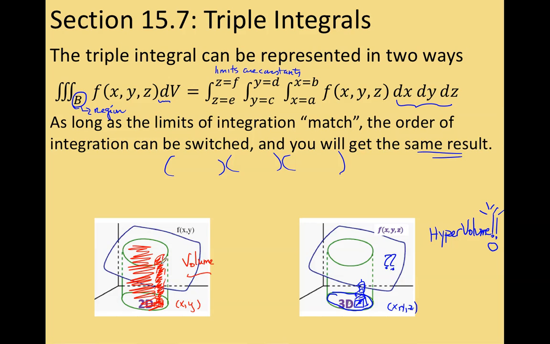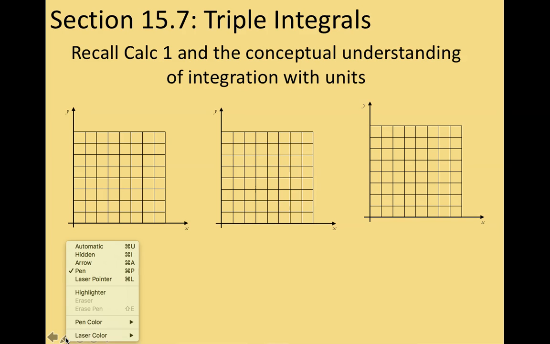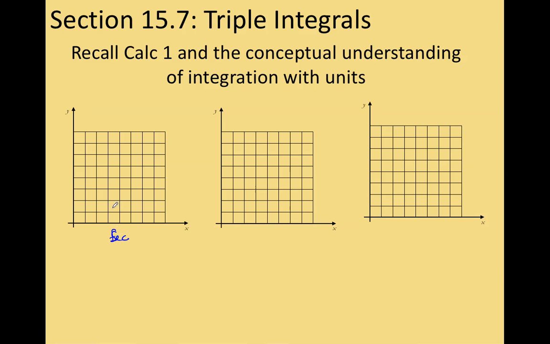I think the easiest thing for me to try to conceptualize what's going on is referring back to what we did in single variable calculus, when we first learned about integration, right? I was like, what if these units were seconds and the units on the vertical were feet per second, and an integral is a product of your heights times your infinitely small widths.